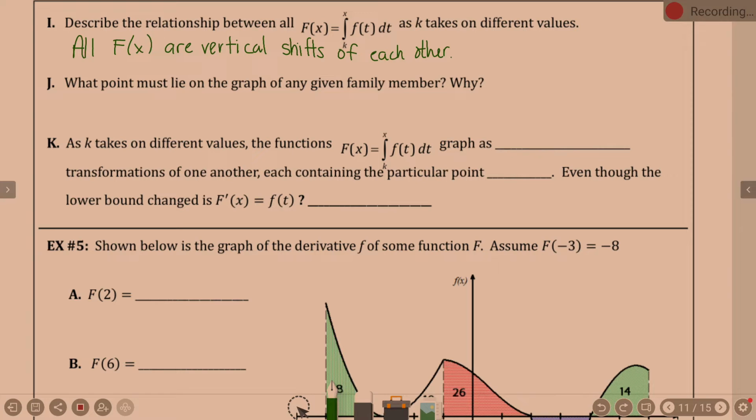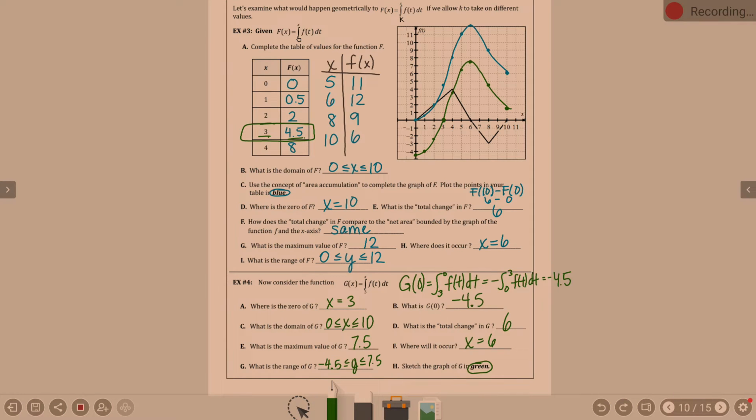What point must lie on the graph of any given family member and why? What do you notice about A here? When we put 3 in, we get 0, yes? What is 3 in this case? 3 is also the given k value, right?